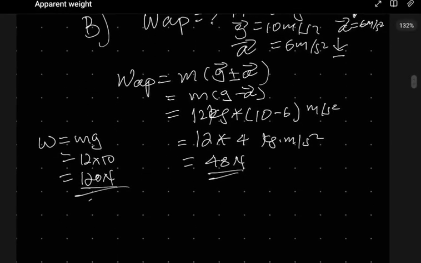If the elevator is moving downward, the mass is 12 kilograms times 10 minus 6, so you get 48 Newtons. When you accelerate downward, your apparent weight is smaller than your true weight, your weight in air.